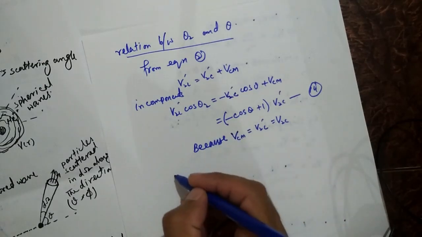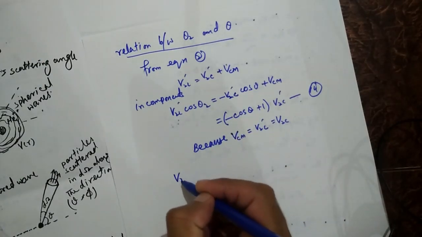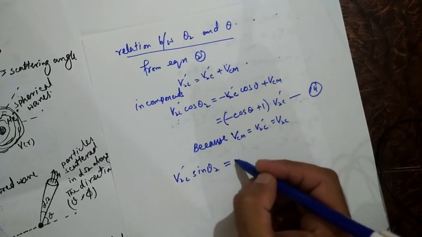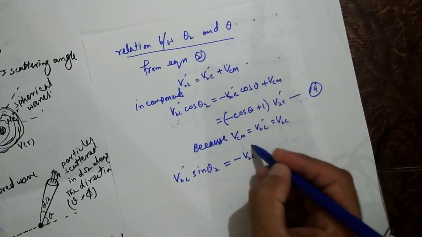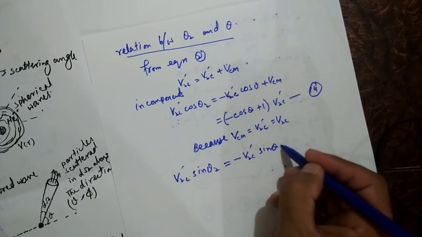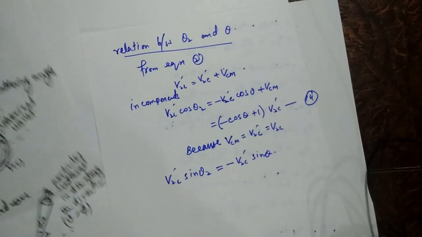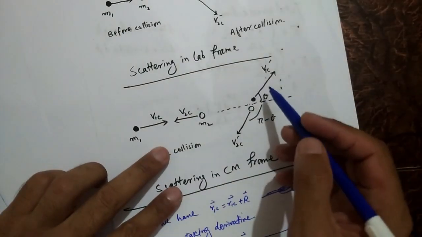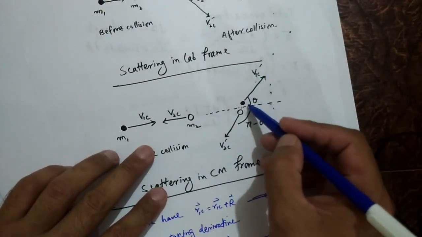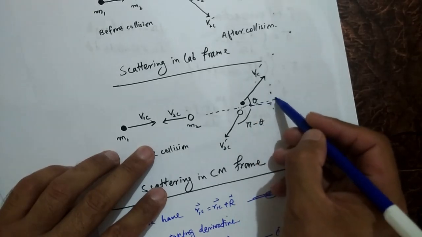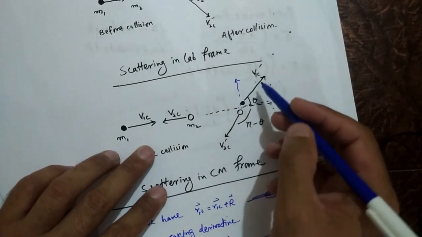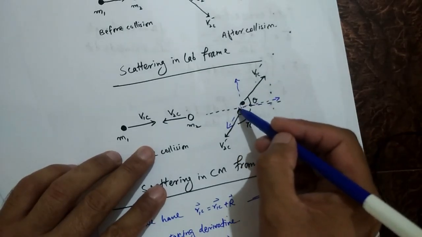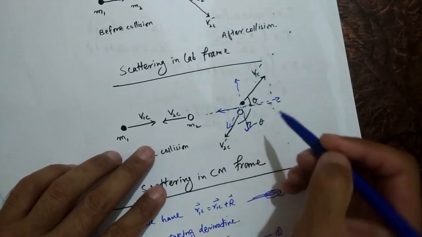Similarly, for the sine components, v2 dash L sine theta 2 is equal to minus v2 dash c sine theta, because in this figure, if we resolve these two velocities into components, they are opposite to each other.